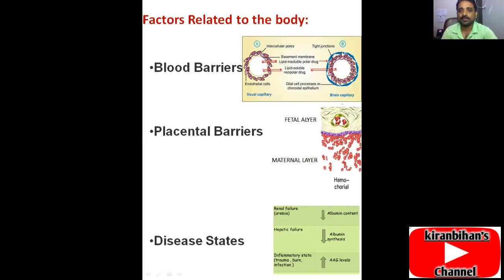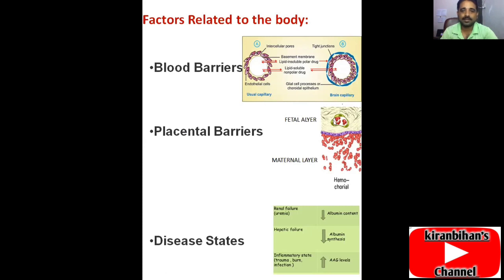The purpose of this tight junction is to protect the brain from toxic materials or drugs which have higher molecular weight, like toxins. The brain is protected by the blood-brain barrier. So a drug which has a higher molecular weight cannot cross the blood-brain barrier, and the drug distribution will be less.